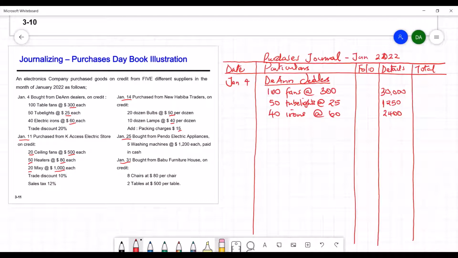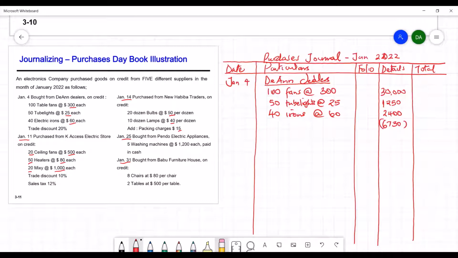20%. What's going to happen is that we need to determine the total, which is equal to $30,000 plus $1,250 plus $2,400 to give us $33,650. We multiply by 20% so that we get the discount, which is $6,730.